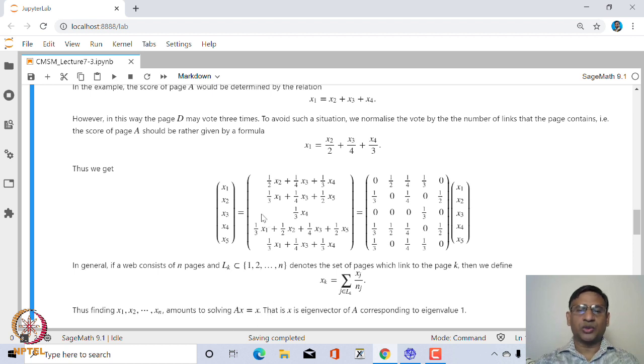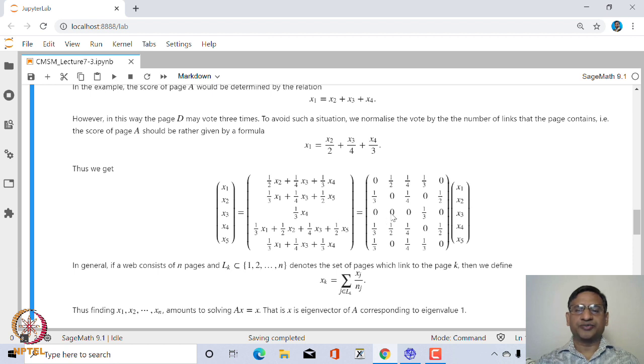So if x is a solution of this system of linear equations, it amounts to saying that x is an eigenvector of A with eigenvalue 1. In particular, this problem reduces to finding the eigenvector with eigenvalue 1 of this matrix, which we generally call the transition matrix or probability matrix.